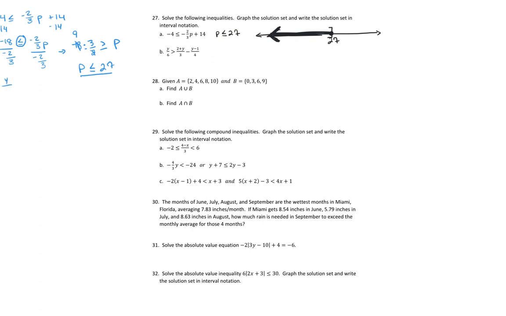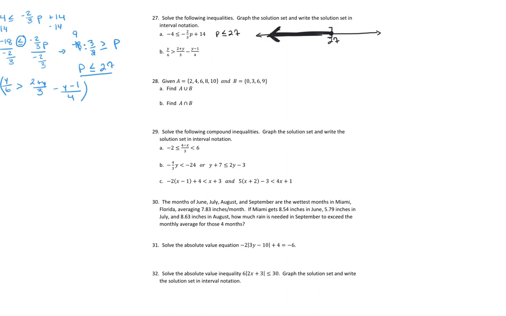You're going to have y over 6 greater than 2 plus y over 3 minus y minus 1 over 4. Now, to get rid of these fractions, to make it look a little easier, you can clear through by a common denominator or by a common multiple of all three of the numbers there.